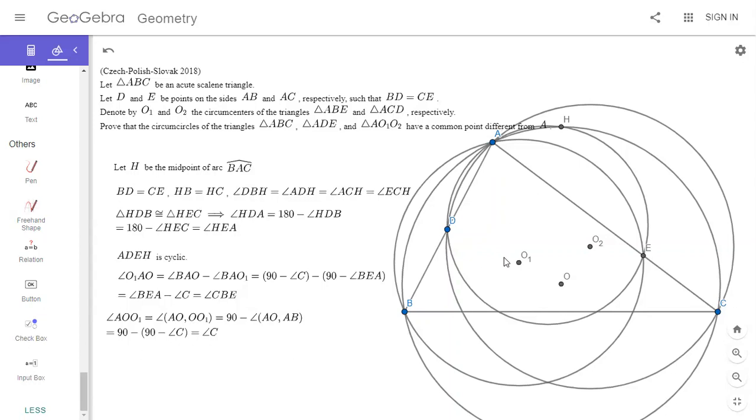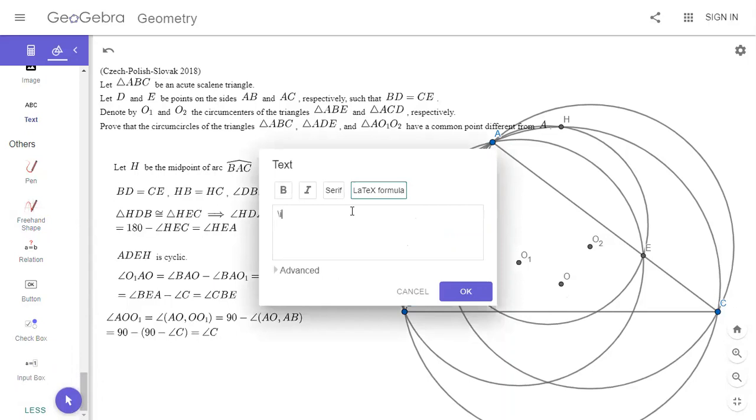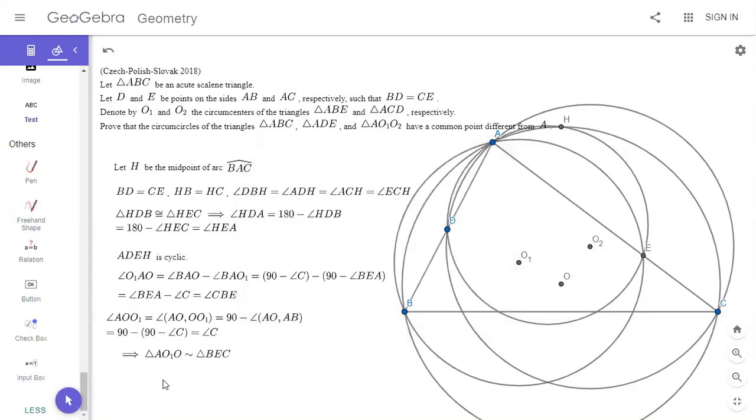So that means that triangle AOO1 is similar to triangle BEC. And now we can get similarity for AOO2.